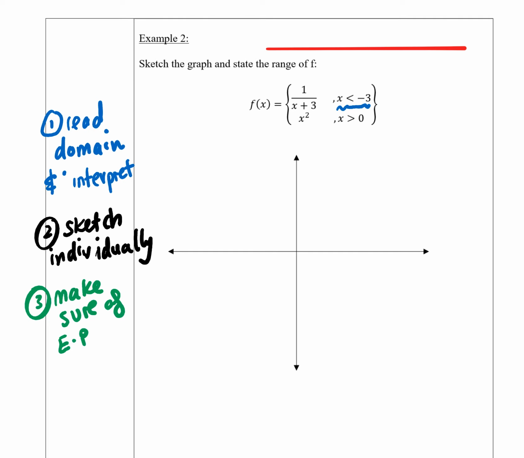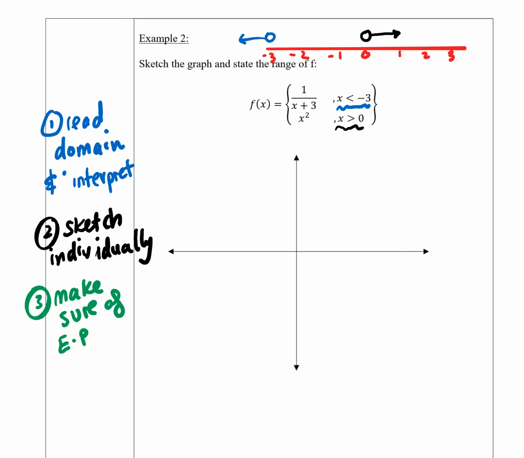We've got 0, 1, 2, 3, -1, -2, -3. That first graph only exists to the left of -3. Then we can see that the parabola, x squared, only exists where x is greater than 0. So these are disjoint. We can see there's not going to be an overlap between these curves.